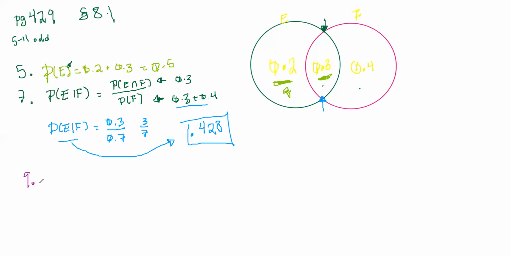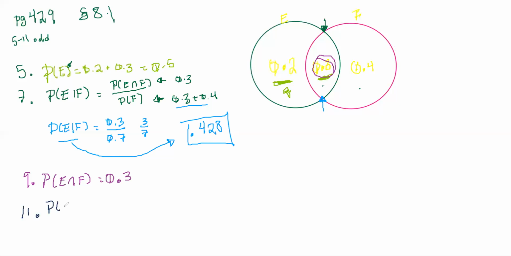Okay, so this is the probability of E intersecting with F, which we just established up there. This is the intersection point, the 0.3. So that's what we have. What about this last one?